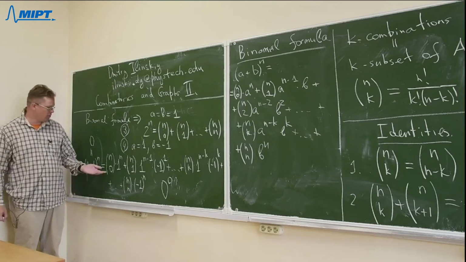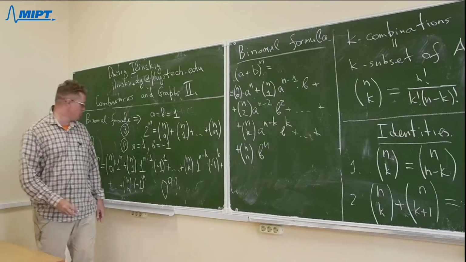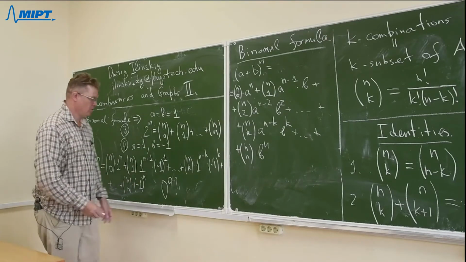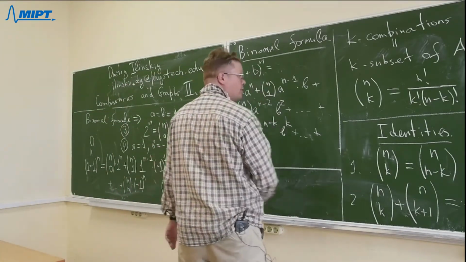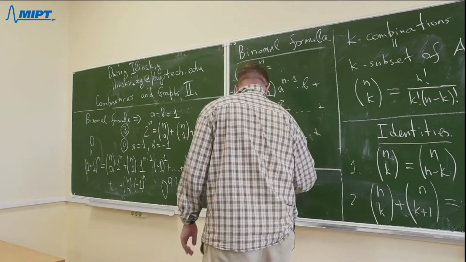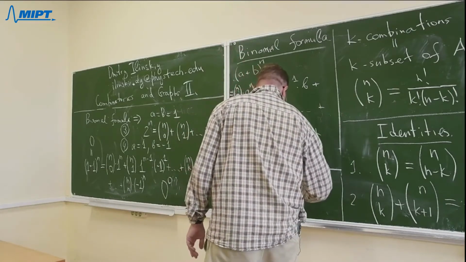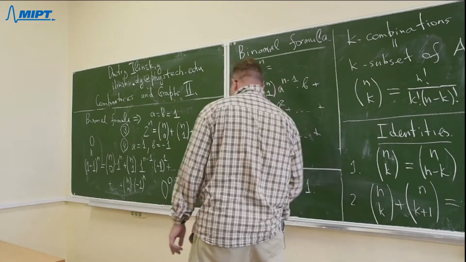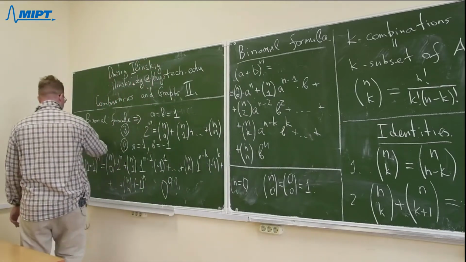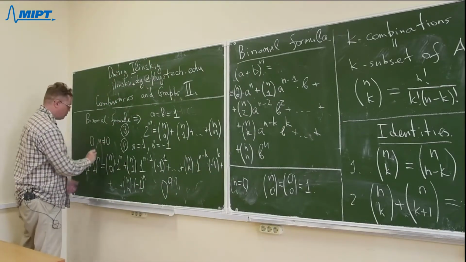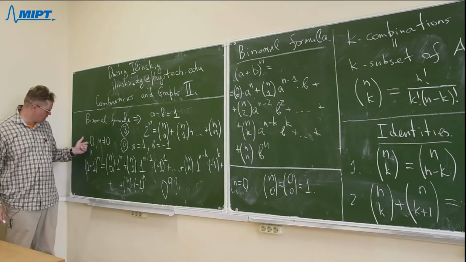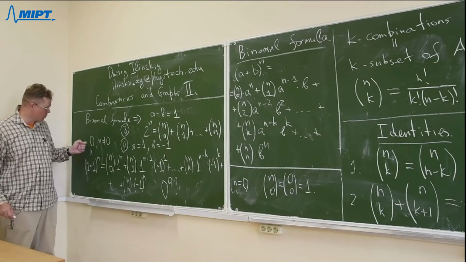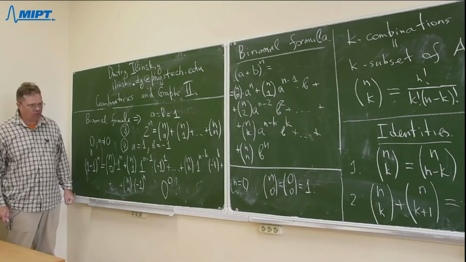But if n is equal to 0, we can just calculate the sum directly: it will be 0 choose 0, and that is 1. So when n equals 0, this is 1, and when n is greater than 0, this alternating sum is equal to 0. Okay.